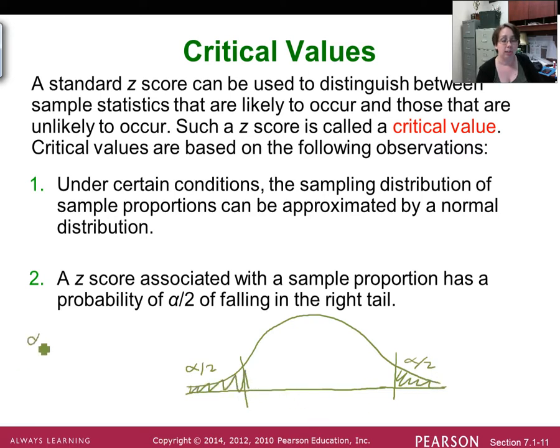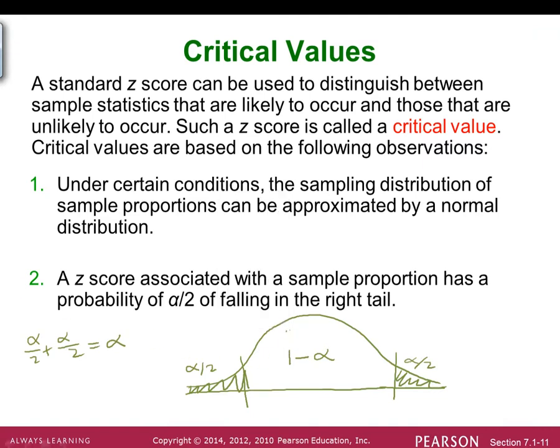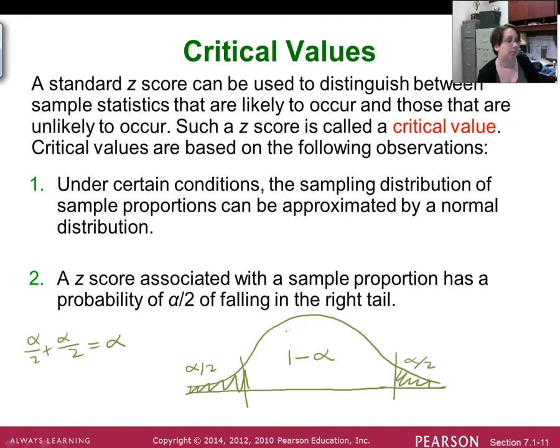Together, the 2 tails, if you add them together, are the total area alpha. Okay? That is going to leave us with 1 minus alpha in the middle. So this is our confidence level in here. The tails are a very small chance that we're actually outside of there.